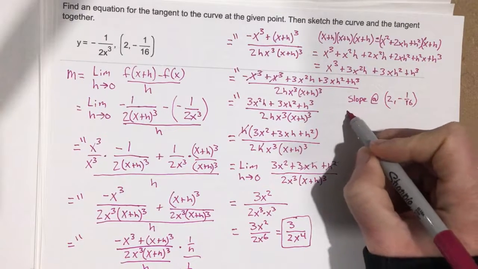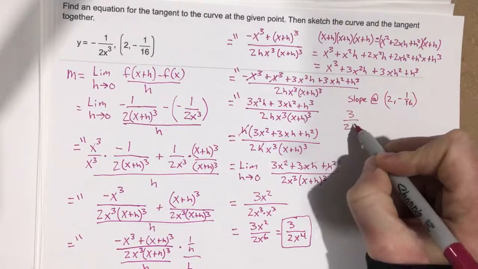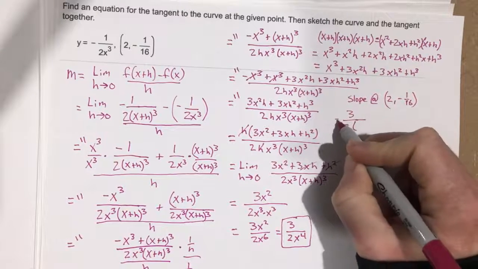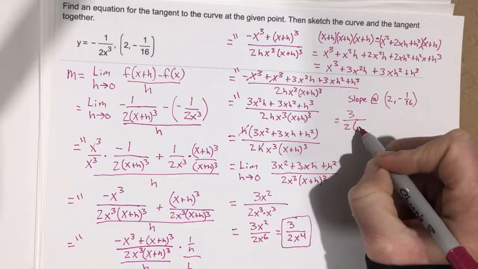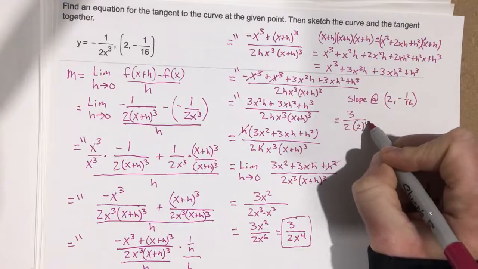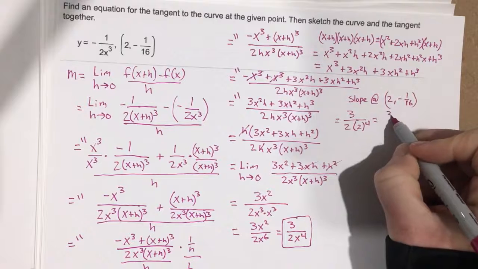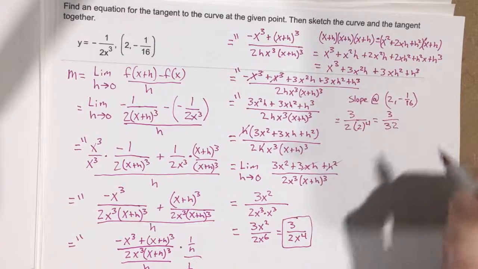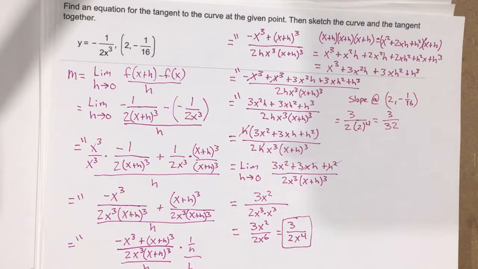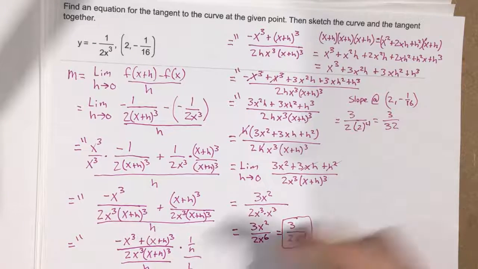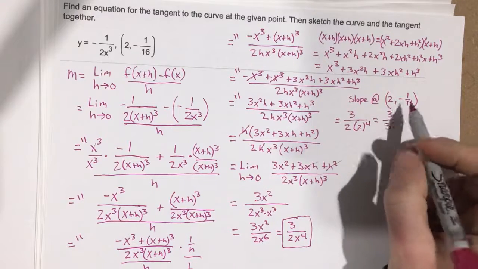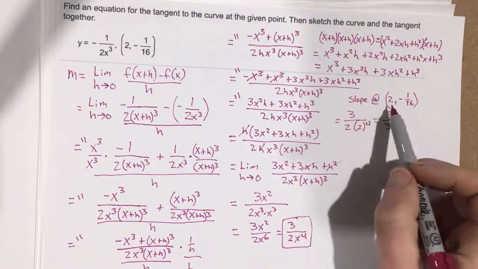That's going to be 3 over 2, and then we plug in 2 to the 4th. So that's 3 over 2 to the 5th, which is 3 over 32, I believe. We can't reduce that, so 3 over 32 is the slope at this point.